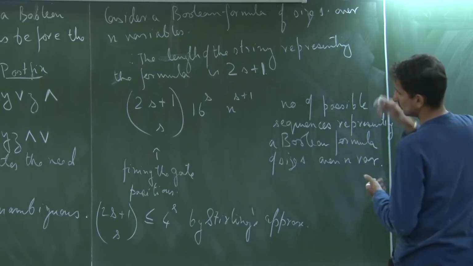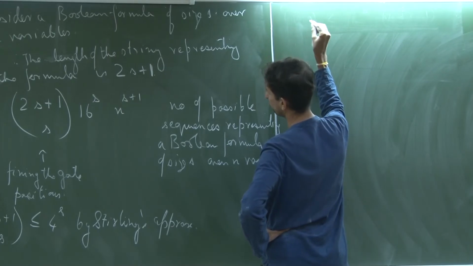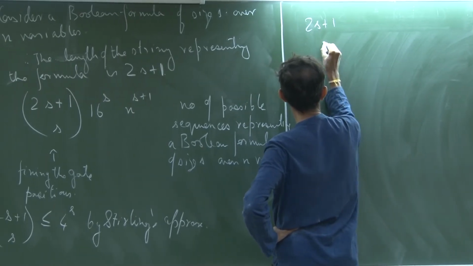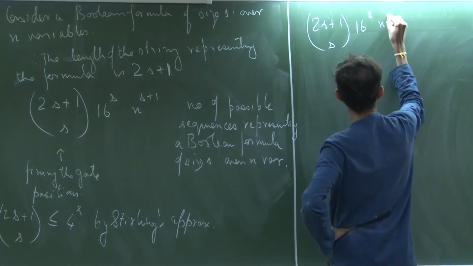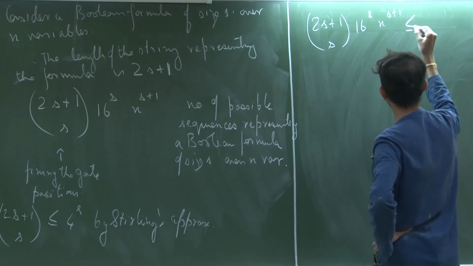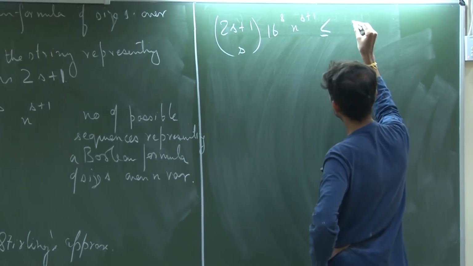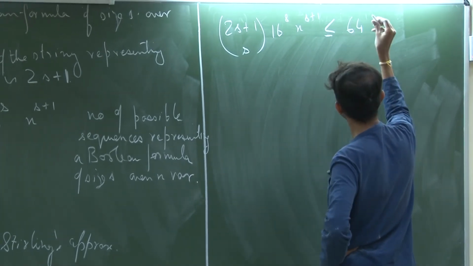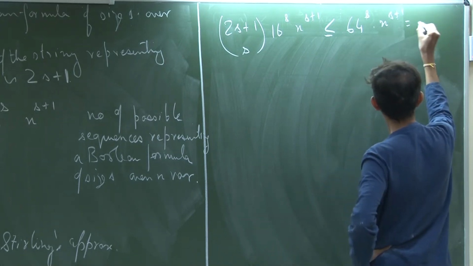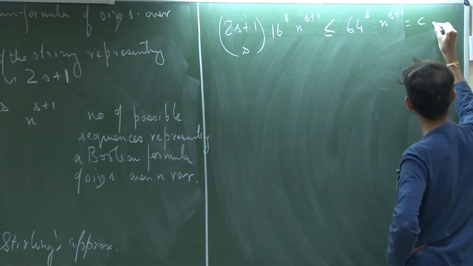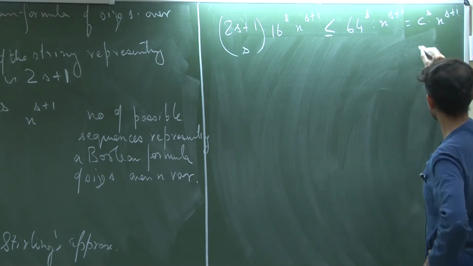Okay. So, now what we have is 2s plus 1 choose s times 16 to the power s times n to the power s plus 1 is at most 4 into 16, which is 64. So, this would be 64 to the power s times n to the power s plus 1, and I can write this as some constant c times c to the power s times n to the power s plus 1.